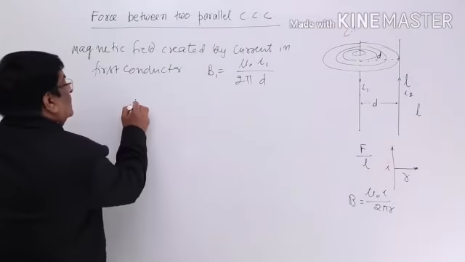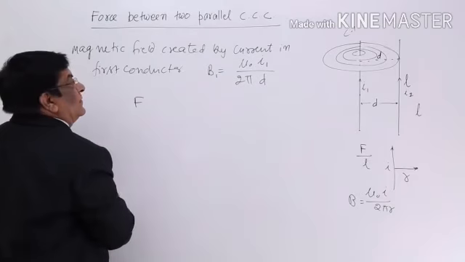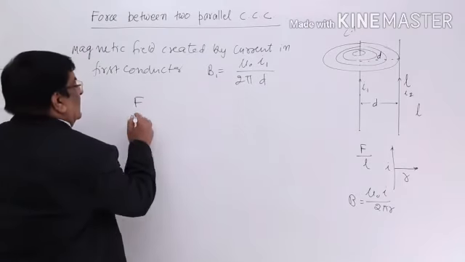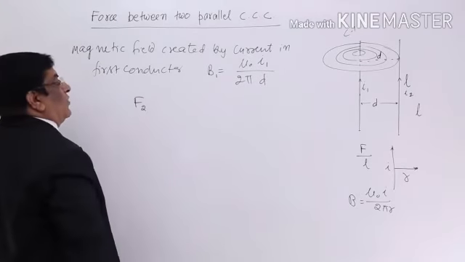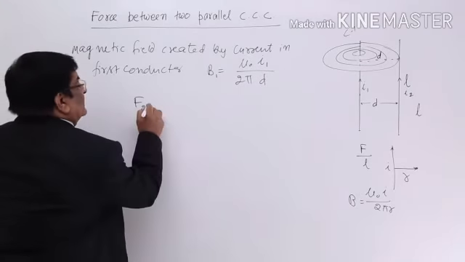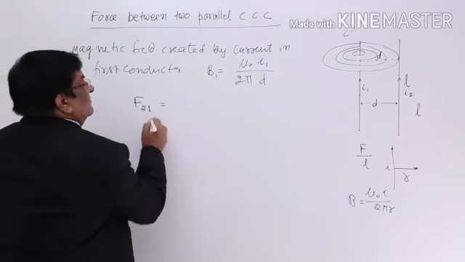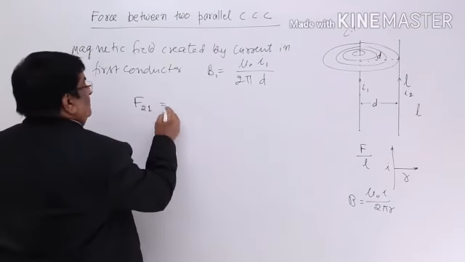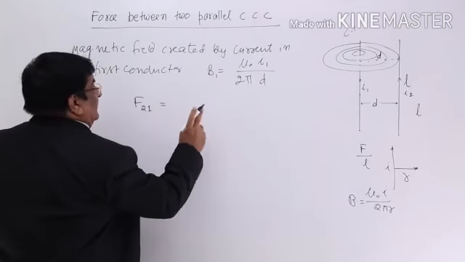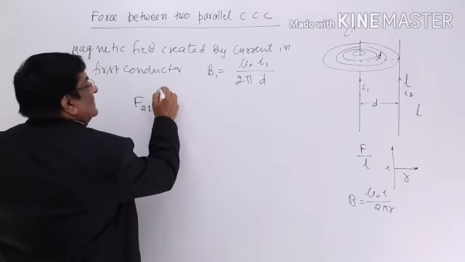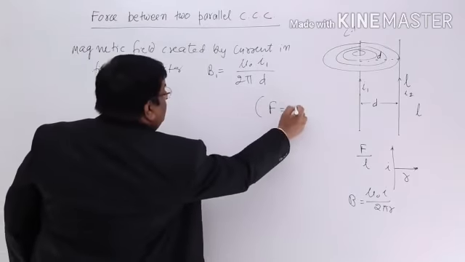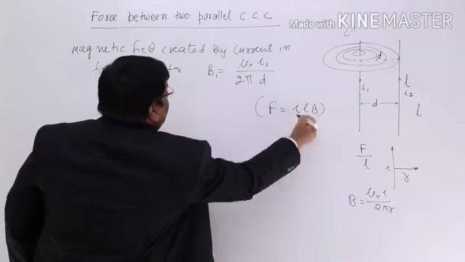Now, force on a conductor carrying current in a magnetic field. Who is experiencing the force? Conductor number 2. Force on 2 by 1. Force on 2 due to conductor number 1 is equal to ILB. Our formula for force is ILB.